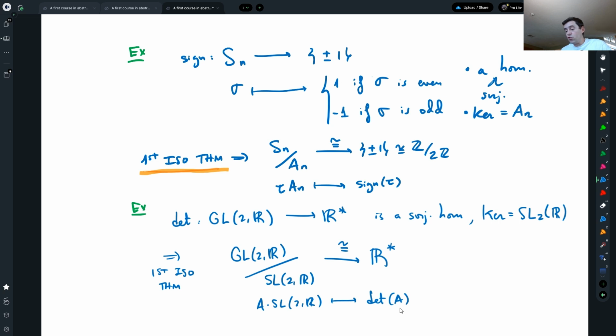So that is an isomorphism, and it's the isomorphism that is provided by the first isomorphism theorem.